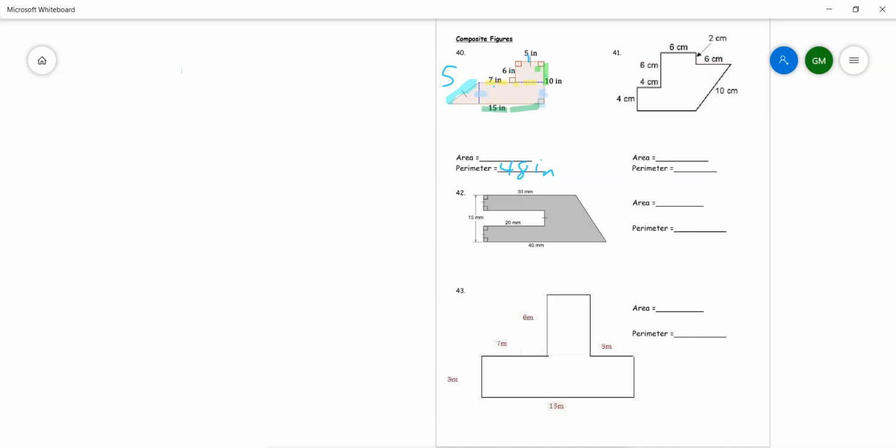Okay, so let's find the area of that triangle. That area is 1/2 base times height. And remember, it was a 3, 4, 5 triangle. So the base was 3 and the height was 4.